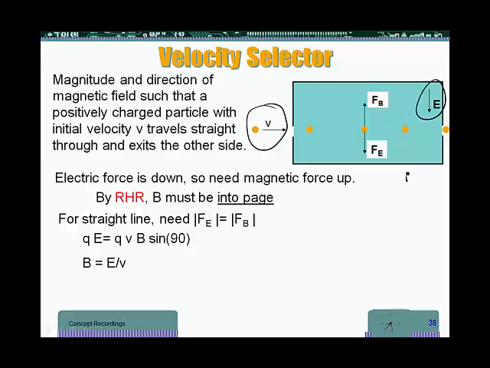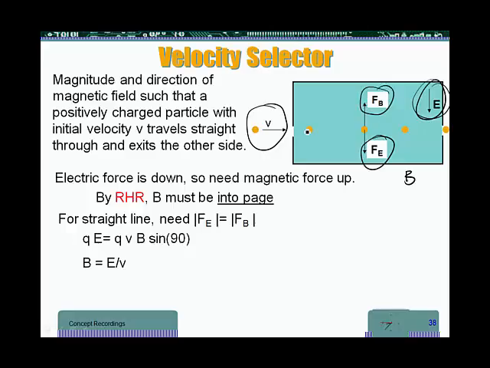The idea is that the force due to the electrical field, or what we call Fe, is going to balance the force due to the magnetic field.